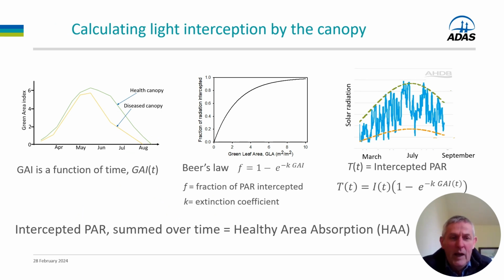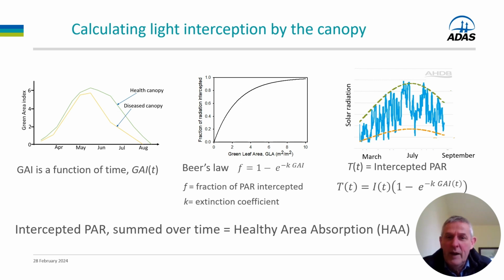The other method we have is a bit more complicated. We could, for each day, measure how much green area index we've got. We could then, through Beer's law, which we looked at in a previous video, look at how much of that day's solar radiation would be intercepted by a canopy of that size.